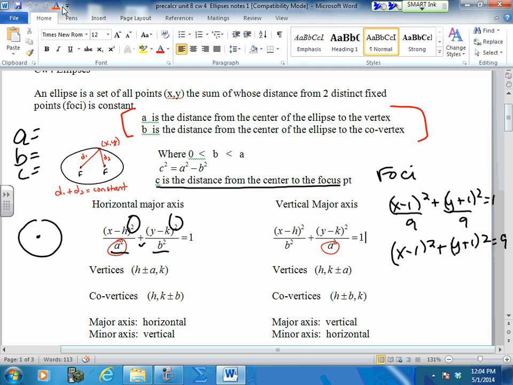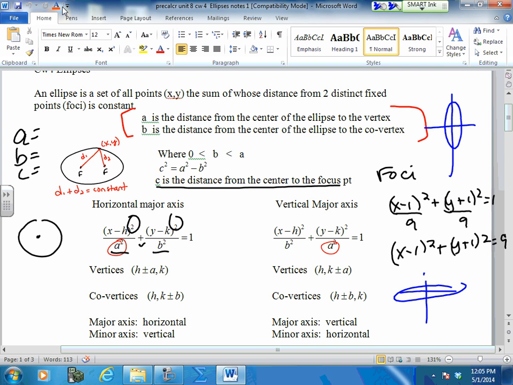If your ellipse is long this way, the major axis is the y-axis, whichever way it's longer. If your ellipse goes this way, then your major axis is your x-axis, your horizontal axis. If we move it off the center, then it's just a translation. So we're going to see that in a minute.